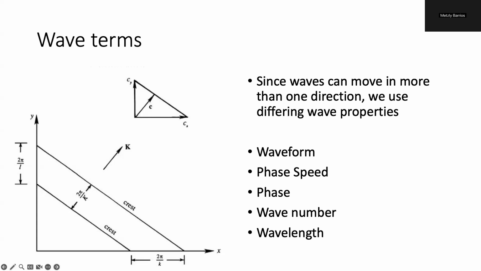The wavelength here is 2 pi over K. That's going to be the wavelength in between here, crest to crest. And you have some length between it that's in the Y direction, and some length between it that's in the X direction, right? So similarly, there is some propagation speed in Y and some propagation speed in X. We haven't done anything new here. All we're saying is that we're going to be a little formal in the way that we describe these properties.